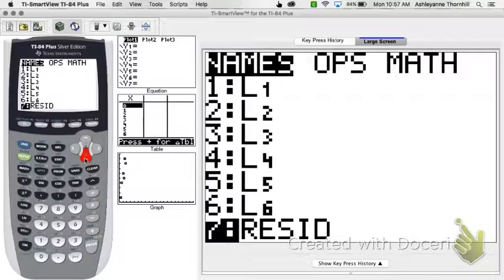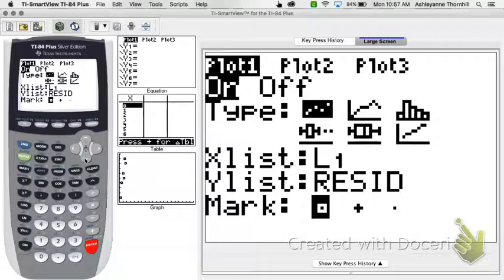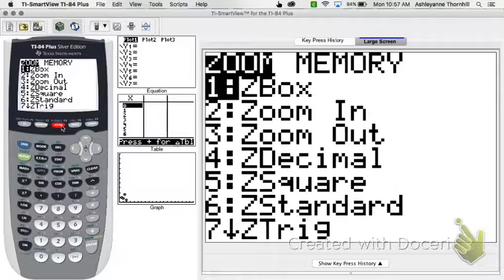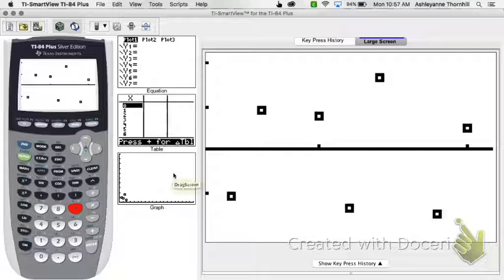This will only show up if you have already done stat calc 8. If you haven't, then the calculator has no residuals. How did you change that one again? Second stat, and then mine was option 7, but yours could be option 8. From here, I'm going to hit zoom 9, and here is my residual plot.